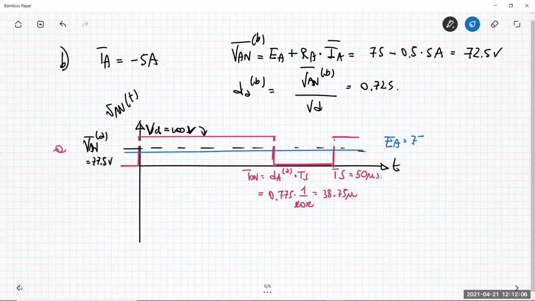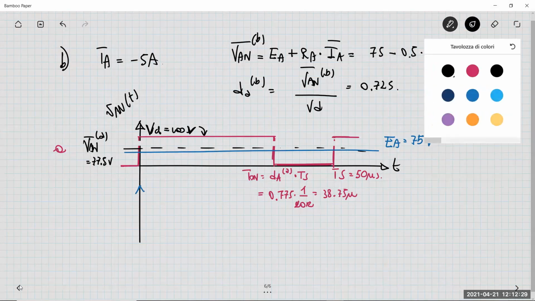It is here. Okay, 75 volt. As you can see, the average value of the voltage VAN is a little bit higher than the back EMF, and so it is the reason why you have an average current flowing toward the motor, exiting the node A.